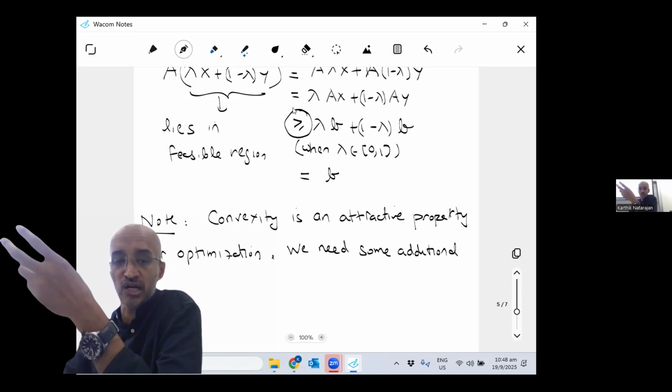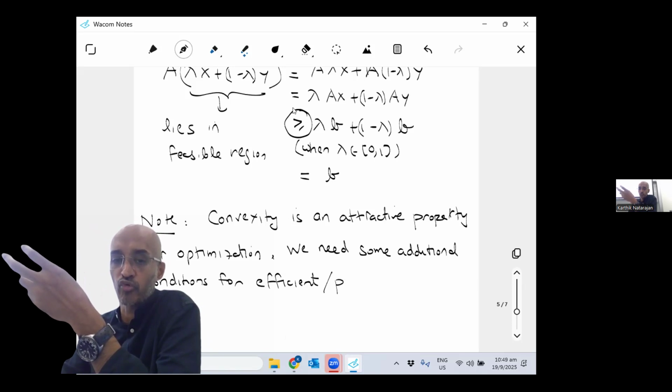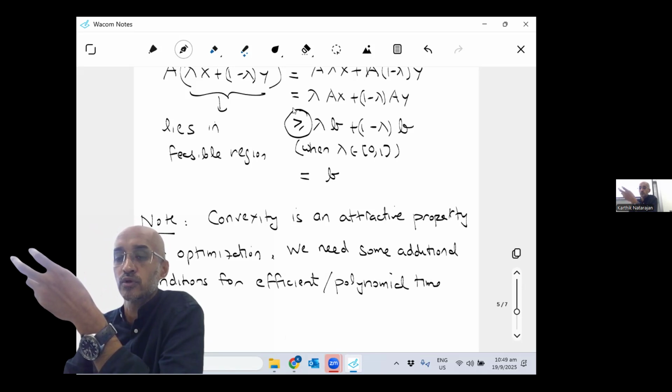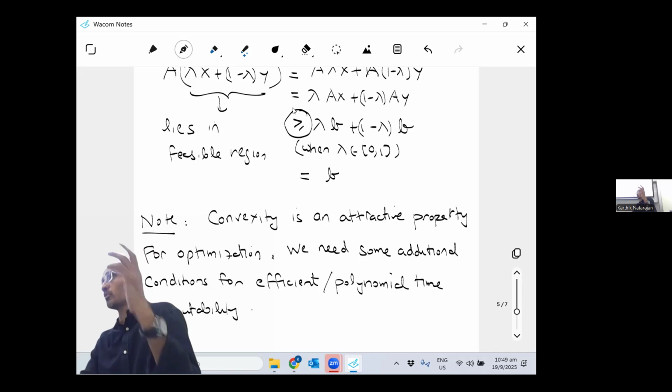But we need some additional conditions for efficient, or what we will later discuss, polynomial time computability of the convex program.